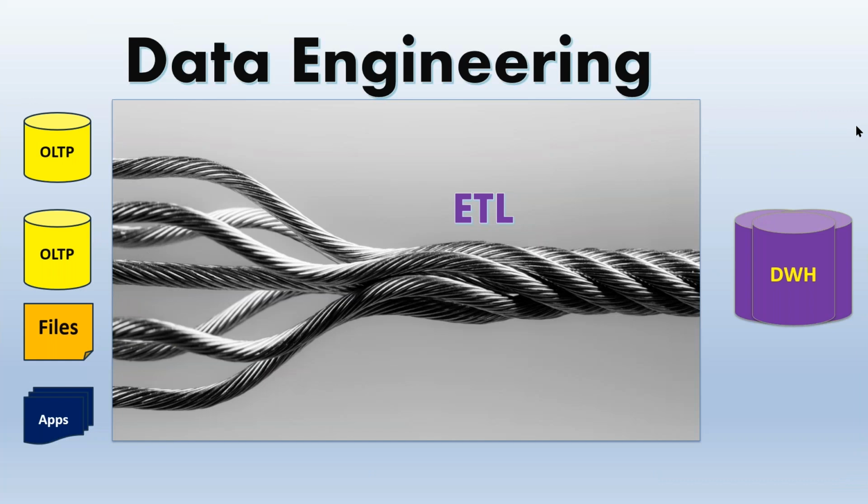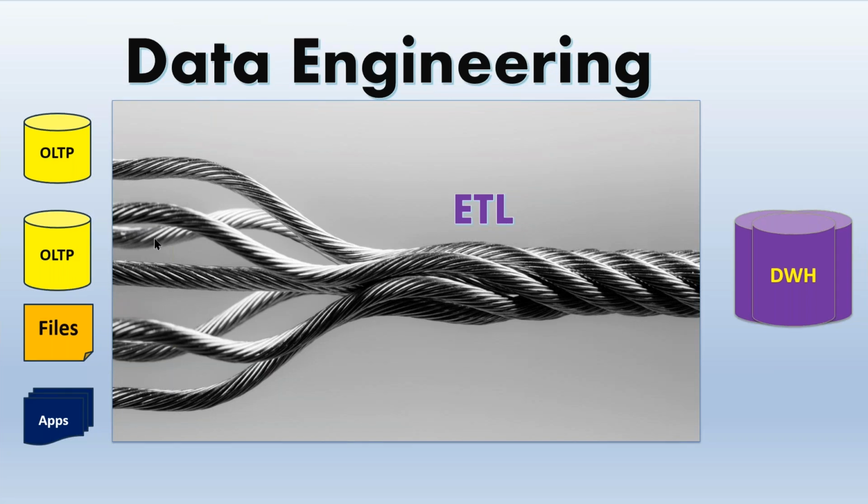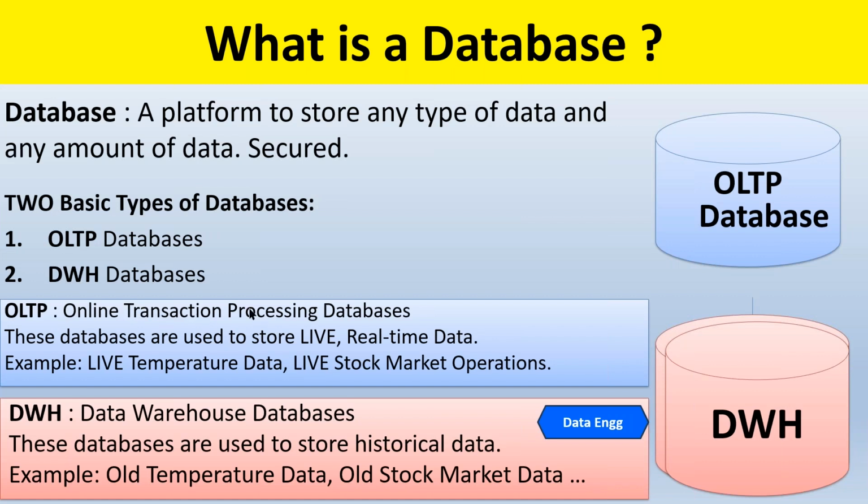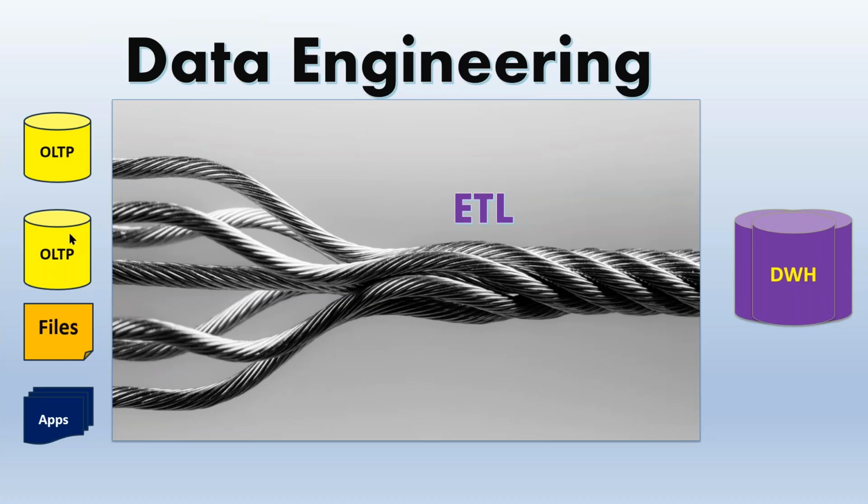On my screen now, from tomorrow, we need to deal with various OLTP data sources. OLTP means online transaction processing databases. We need to work with various OLTP as well as files, structured, unstructured files and apps, and get the data to the warehouse.